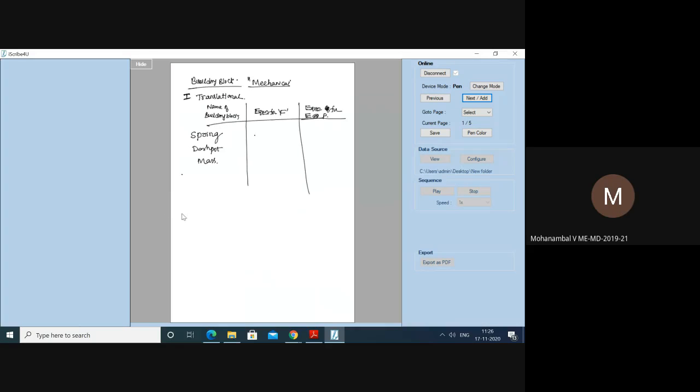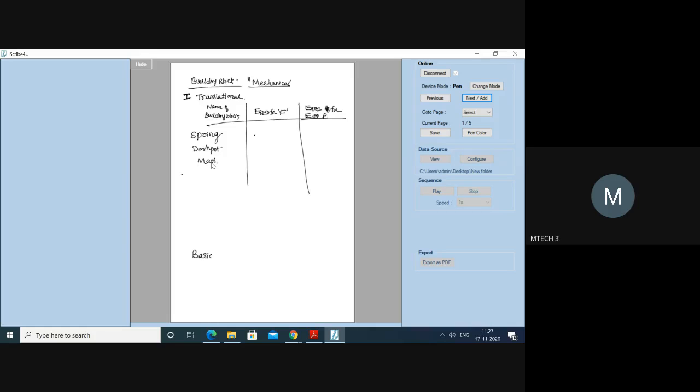System? No, system is mechanical system. Under mechanical system, what do you call the spring, dashpot, and mass? Components? What is the specific name?